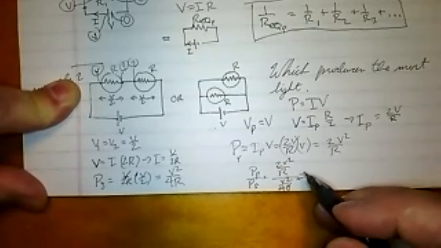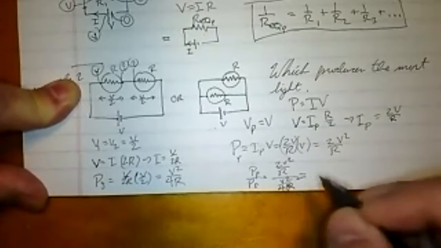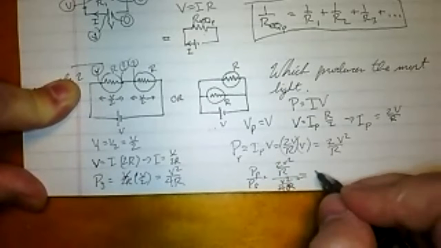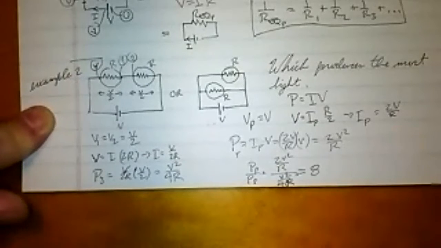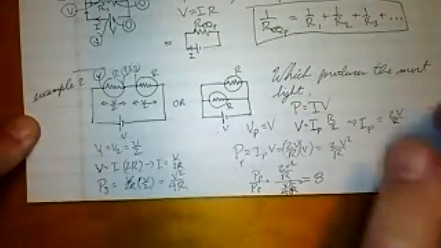And you see the V squareds cancel out and the 4R on top hits the 2R, makes 8. So you see that it's actually one light is 8 times as bright as the other from this configuration to that configuration.